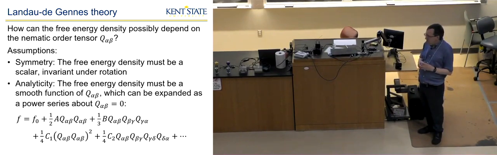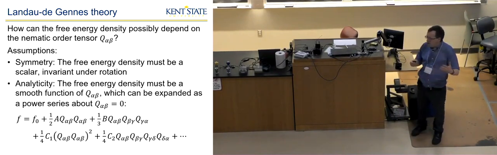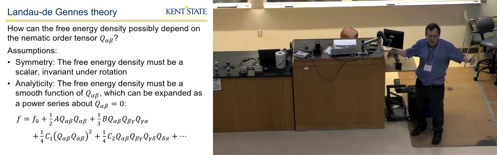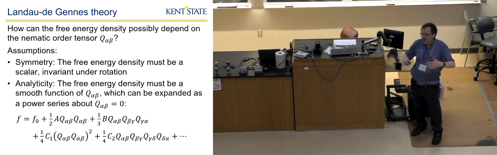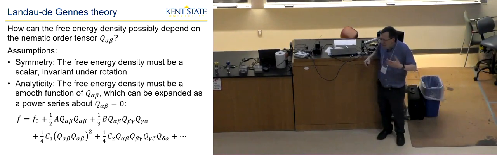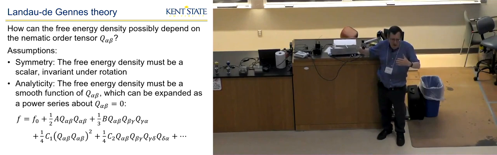If you assume the free energy is not a smooth function, you could get anything in the world, and you could predict anything for a phase transition. But the interesting problem is, what if you assume the free energy is a smooth function of the order parameters?